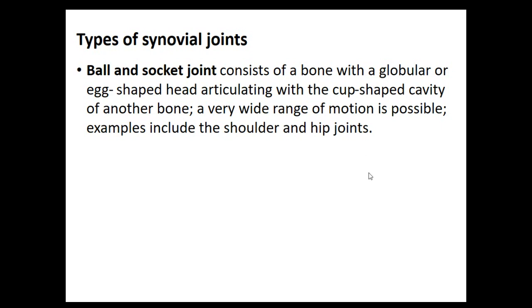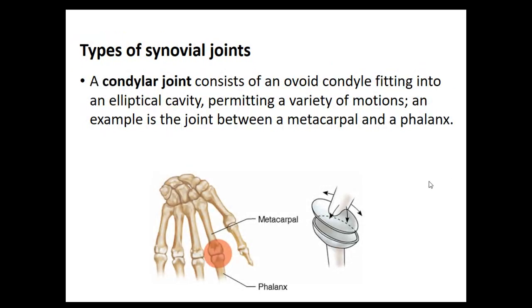Then, similar to that is a condylar joint. This is almost the same as a ball and socket joint, except the ball is not a perfectly round ball. It's more of an oval-shaped surface. An example of that is what we have at the base of our fingers, where the fingers attach to the metacarpals. So it has almost as much freedom of movement as a ball and socket.